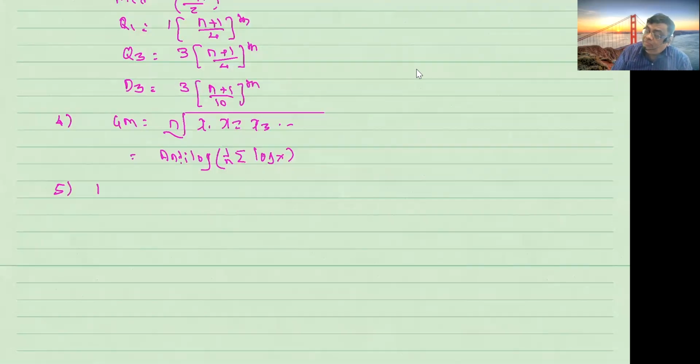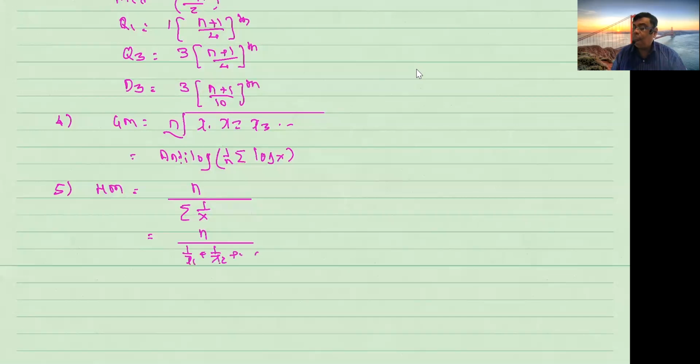Whereas the harmonic mean is equal to n upon summation 1 upon x. In other words, n upon 1 upon x1 plus 1 upon x2 plus dot dot dot.